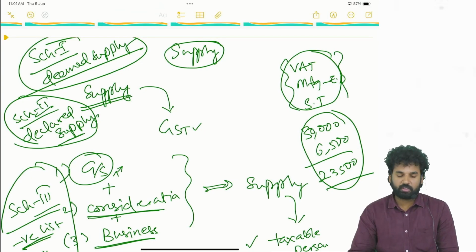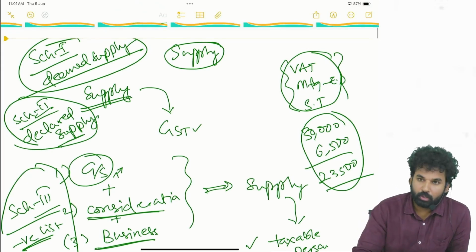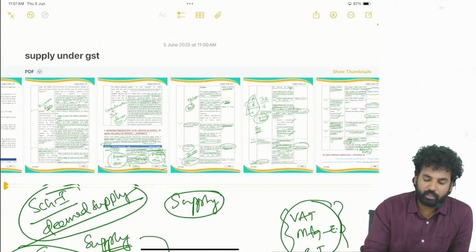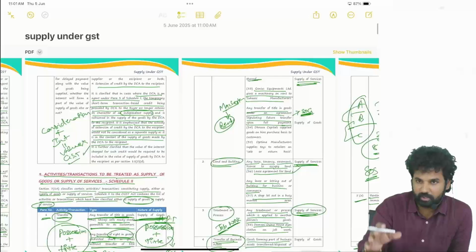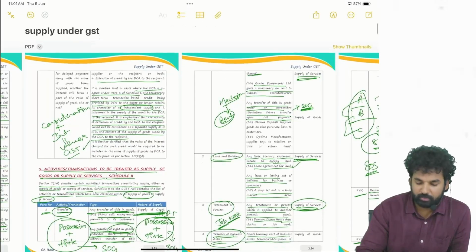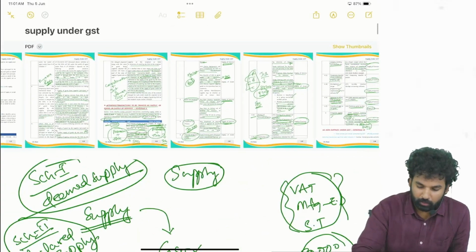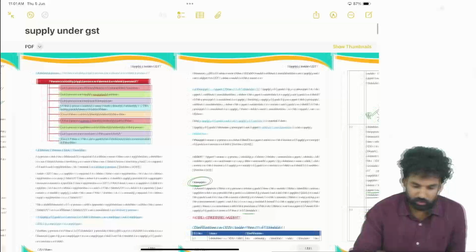In that, schedule 1 is completed and schedule 2 is completed. That means 7(1)(c) is completed, 7 subsection 1a is completed. Now we have to see 7 subsection 2. You just have a consolidated reading of this section, and there are many other examples in the ICA material. Just go through the examples. In the meanwhile, I'll open this definition of works contract.